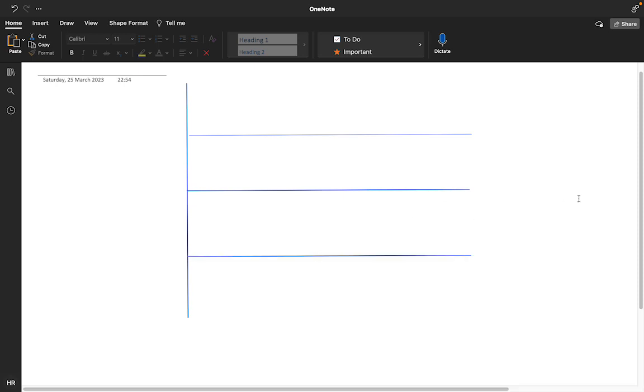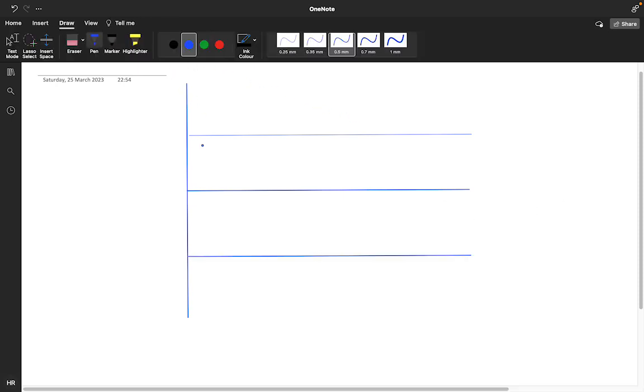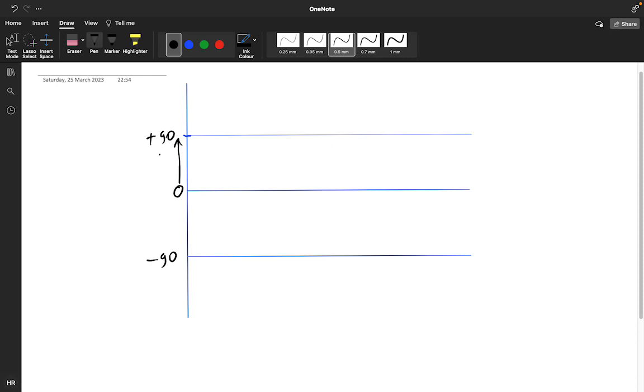Okay, so the graph will be between plus 90 to minus 90 only. If it is 0 to plus 90, it means your phi angle is 0 to 90 degrees. That means we are talking about leading.